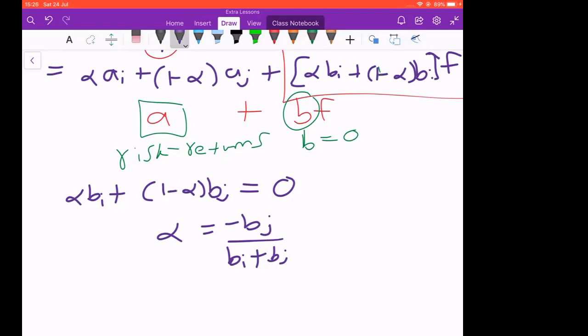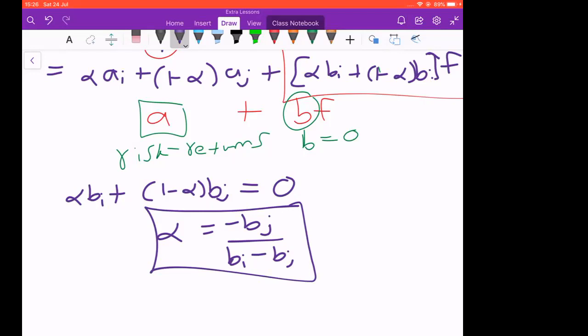Okay, so yes, minus BJ. So basically if your alpha, or your weight of I, is going to be equal to minus BJ over BI minus BJ, then we know that your return is going to be 0.